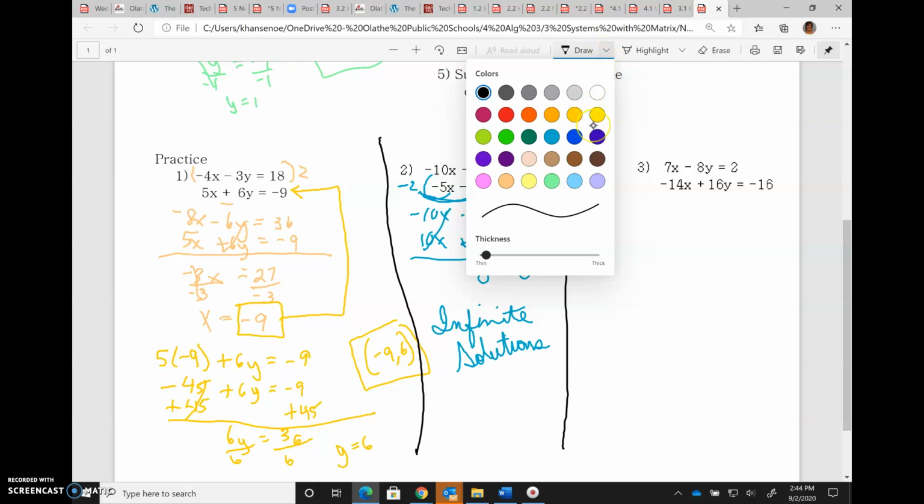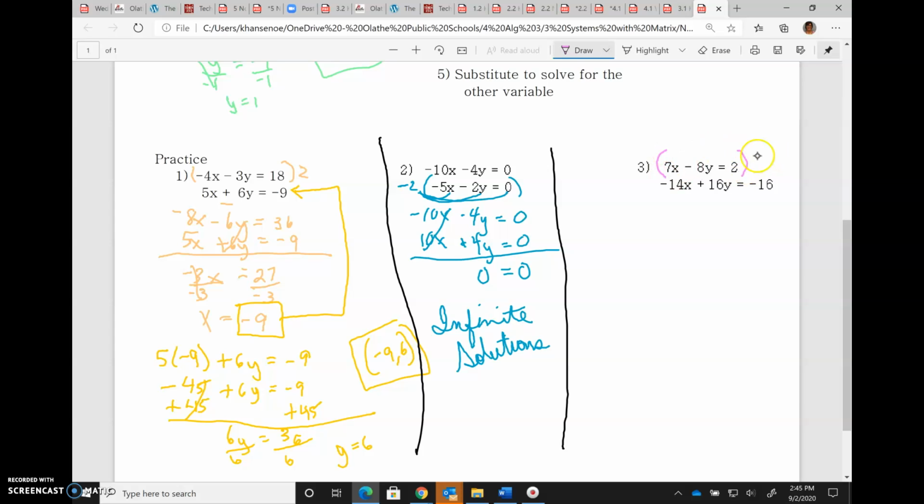Let's look at the last one, and I'm going to choose to get rid of the x's again. So I'm going to multiply this top one times 2. So 14x minus 16y equals 4.